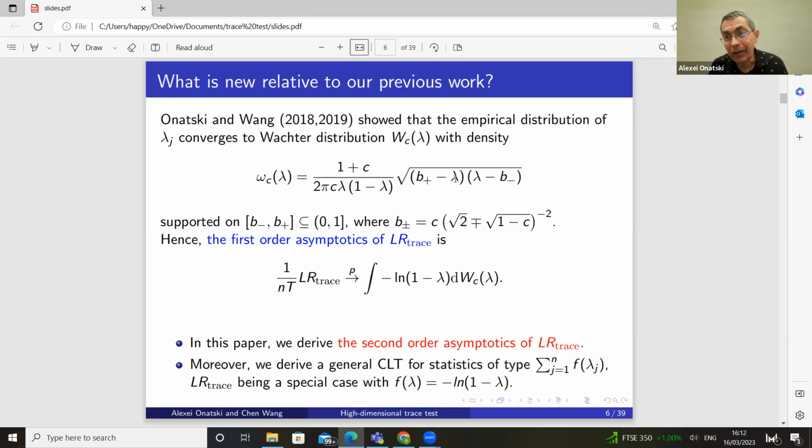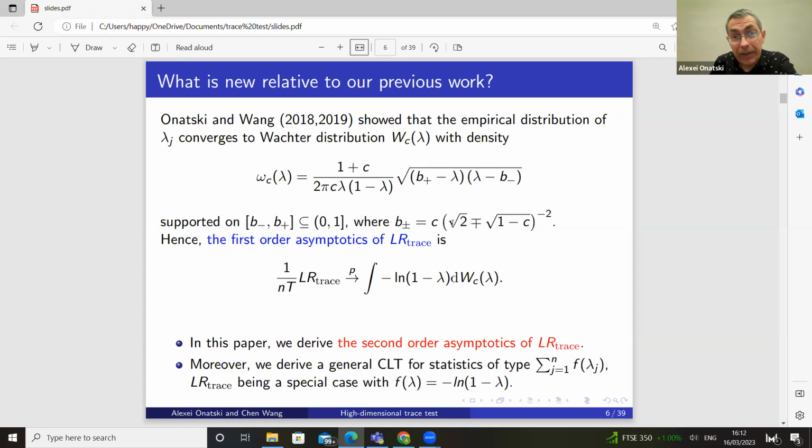It's an elementary density. The distribution is supported on some compact interval with boundaries B minus and B plus. These boundaries have a very simple relationship to c again. So this distribution is easy to simulate and easy to operate with.